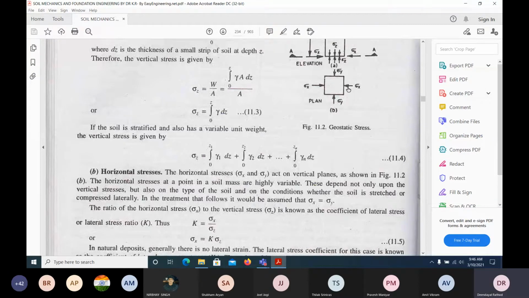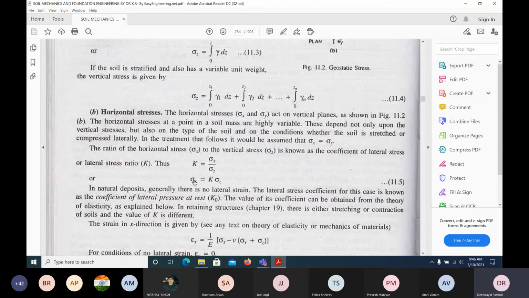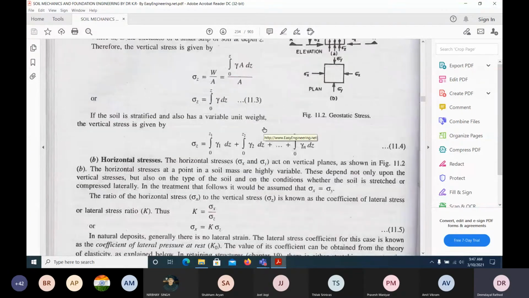So it is directly proportional, and we can write it with a particular constant k. This k is sigma x by sigma y. So the ratio of horizontal stress to the vertical stress is known as the coefficient of lateral earth pressure or lateral stress.